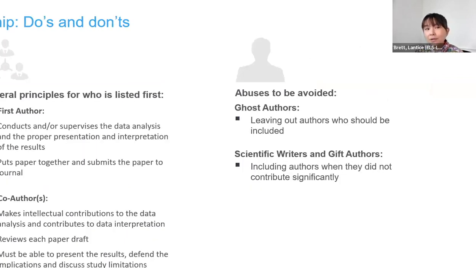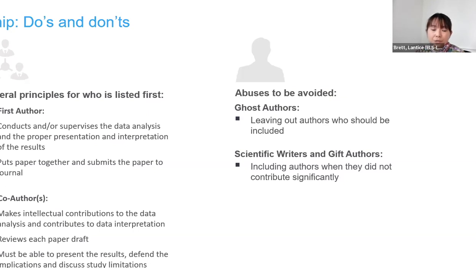So we talk about the authors. It's very important for us to understand authorship. The general principle for who should be listed: the first author is generally the person who contributes the most to the paper, conducts and supervises the data analysis, and the proper presentation and interpretation of the result, puts the paper together and submits the paper to the journal.